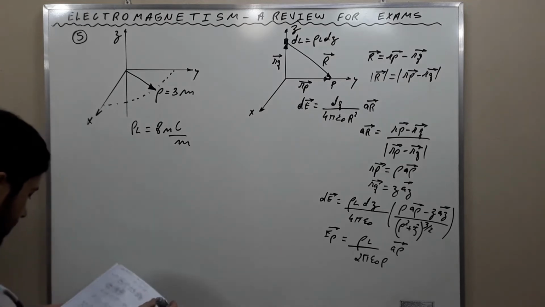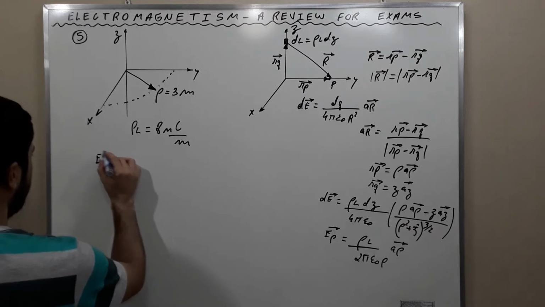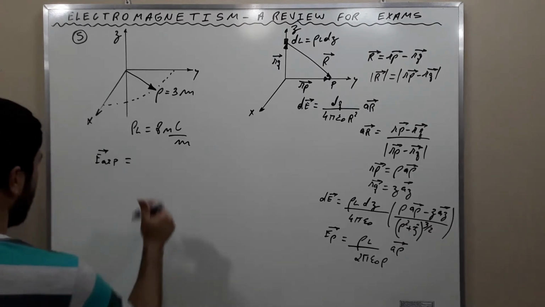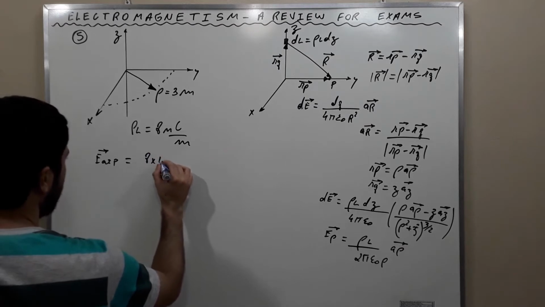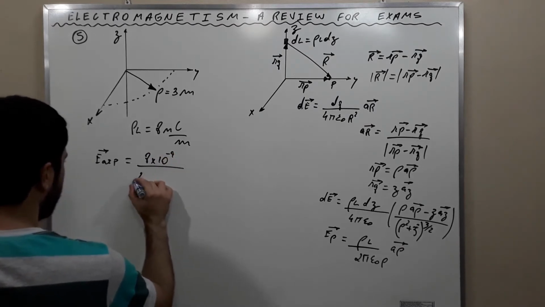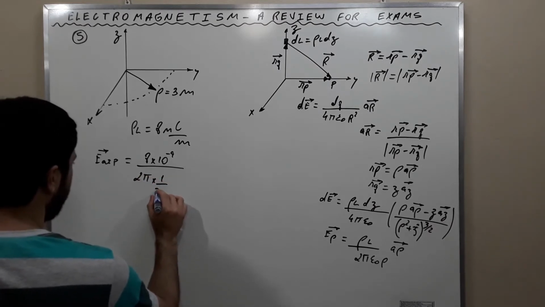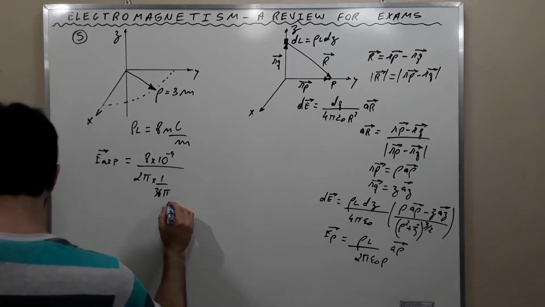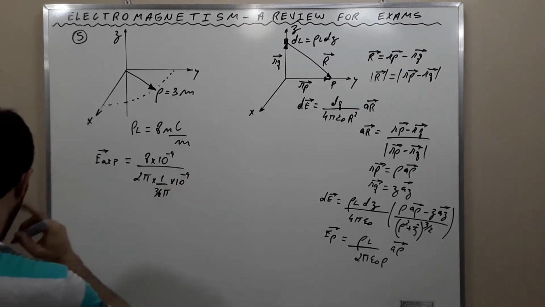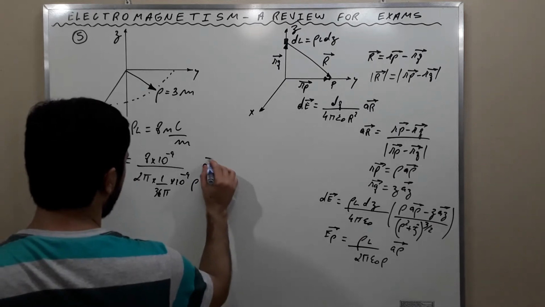And we're going to find that E at P is going to be equal to 8 times 10 to the minus 9 over 2 pi times 1 over 36 pi times 10 to the negative 9, times rho a rho.